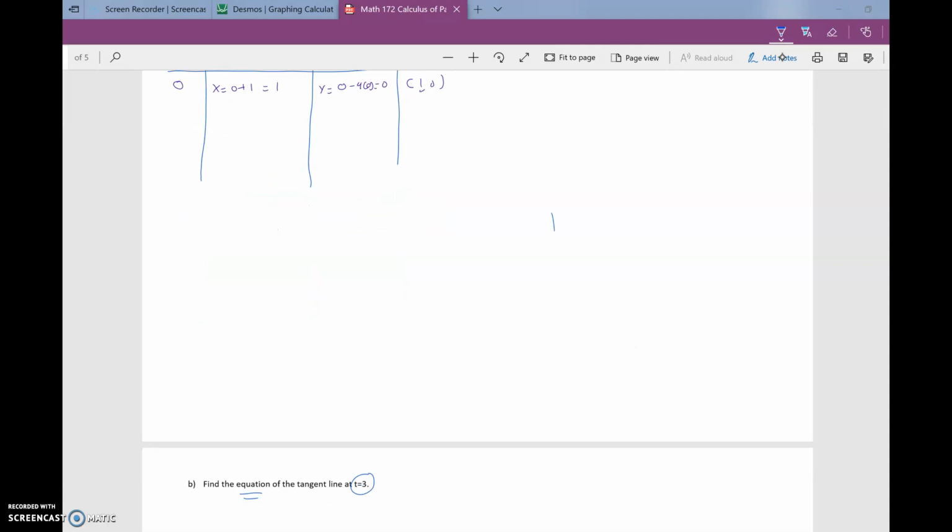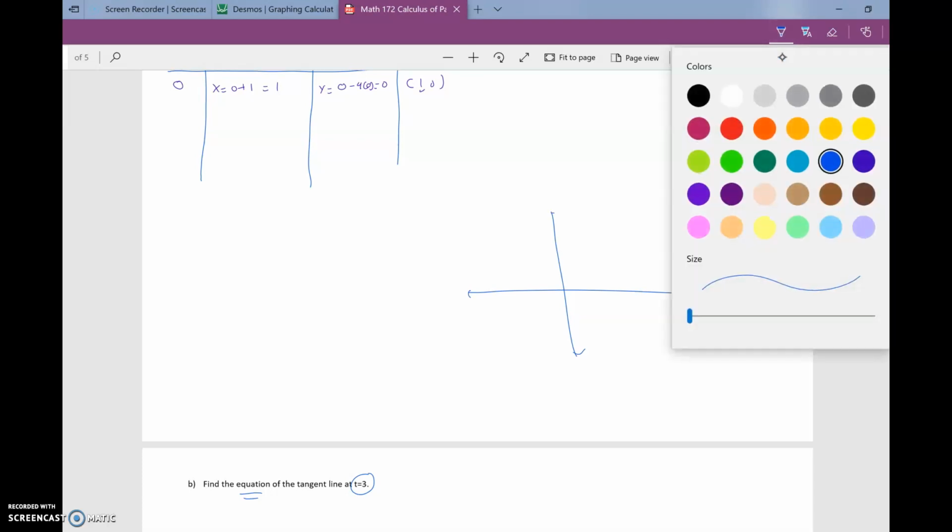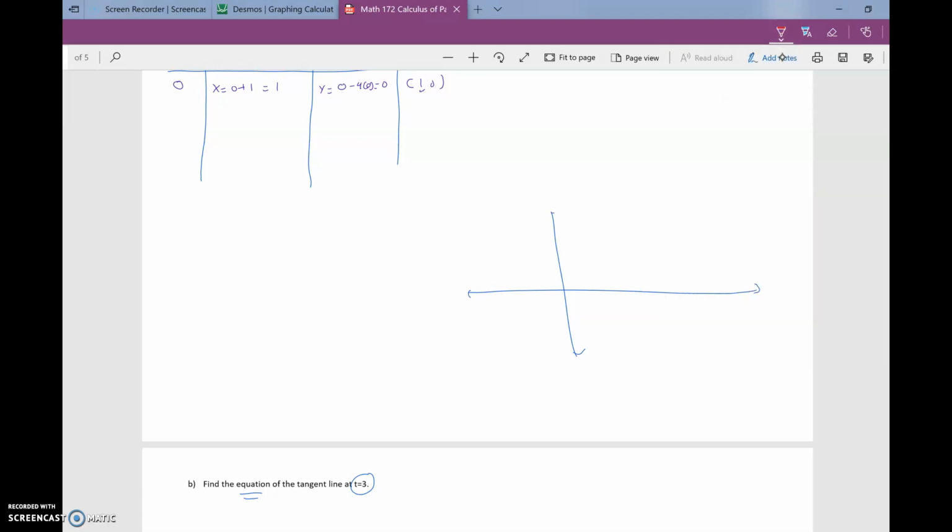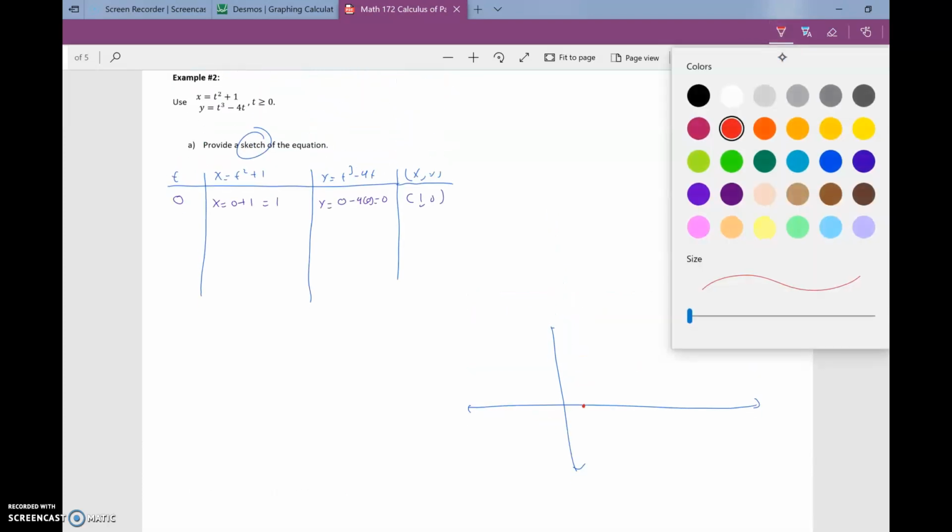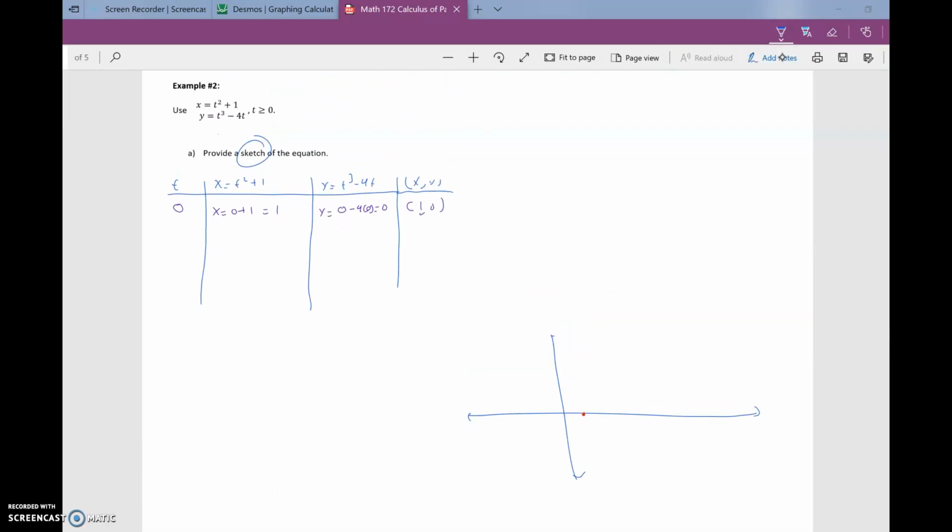Let me put the sketch here. So 1 comma 0 is going to be around here. Then let's select 1. So x is equal to 1 squared plus 1. This is going to give us a 2.